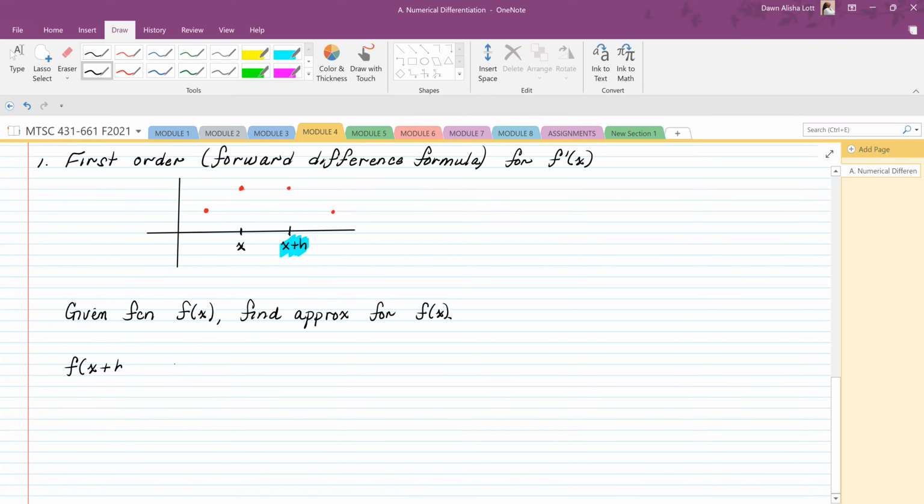Okay, so now I get f prime of x equals, get rid of the 2h, minus f at x plus 2h plus 4 f at x plus h minus 3 f at x, and I'm going to divide that whole thing by 2h, and then I'm going to get plus 1/3 f triple prime at x times h squared.